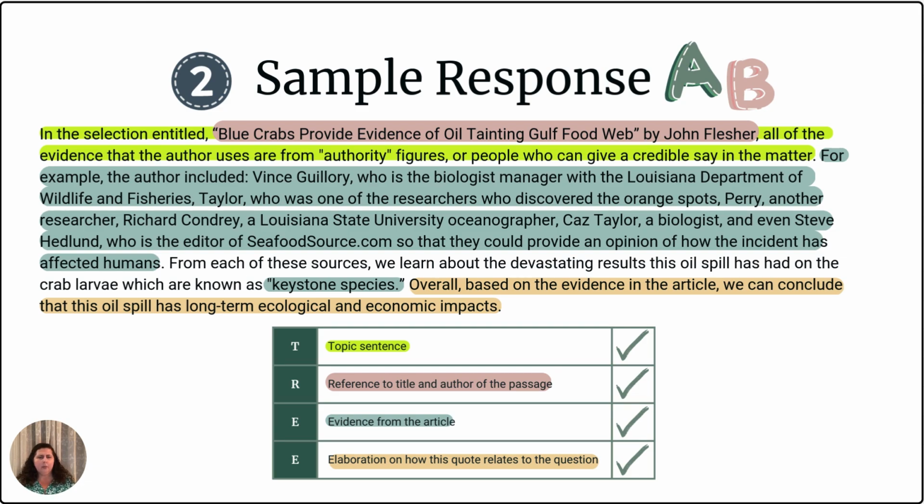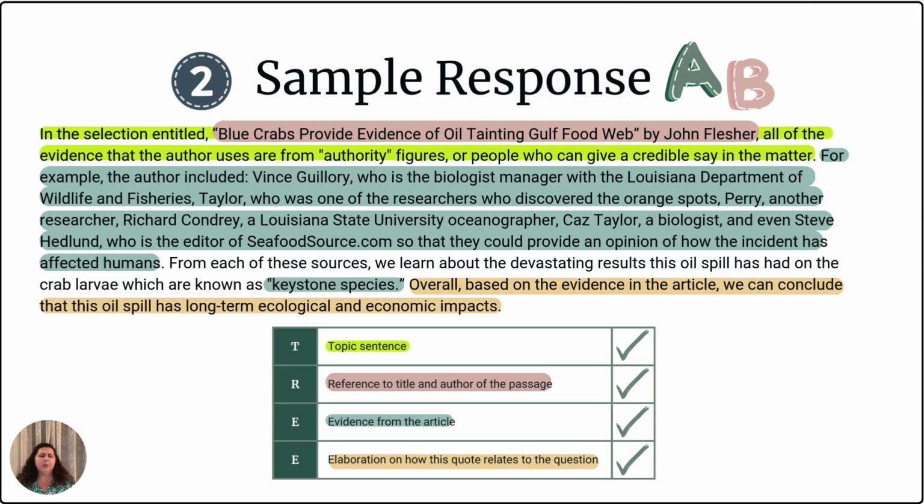Let's break this down. As you can see in the topic sentence, you're going to see really long titles in a lot of the passages you're going to have to read, whether they're online, in textbooks, or something that your teacher has asked you to look through in a book.